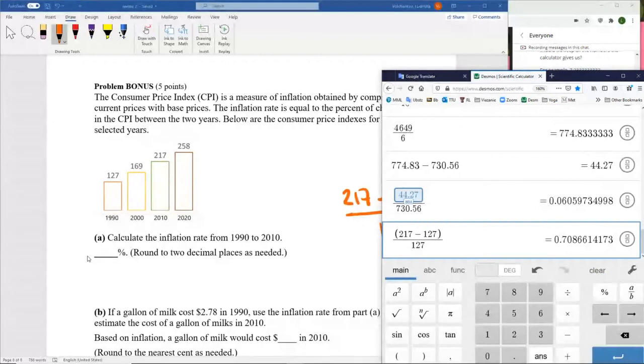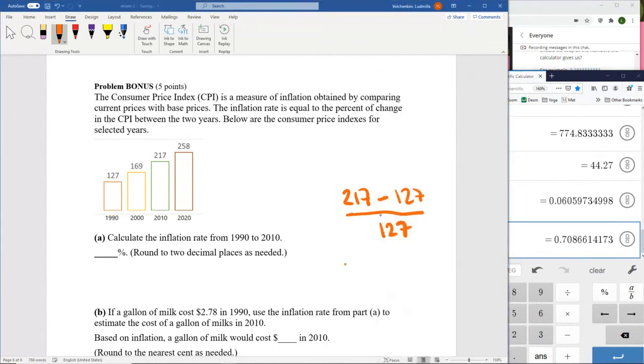The answer must be given in percent. Yes, so we got the decimal, 0.7087, and we want to give it in percent, so we move the decimal point to the right.